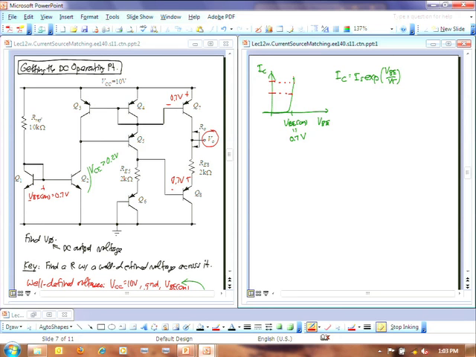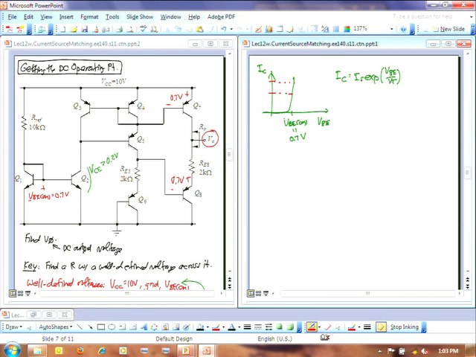So VBE is a very well-defined voltage if the transistor is pulling its current, because it doesn't matter how much current is going through that transistor, that voltage is about VBE. And the amount of current pulled through that transistor is determined by other elements around the transistor, not by the transistor itself. So that's why we can say VBE is a very well-defined voltage for a forward active transistor.